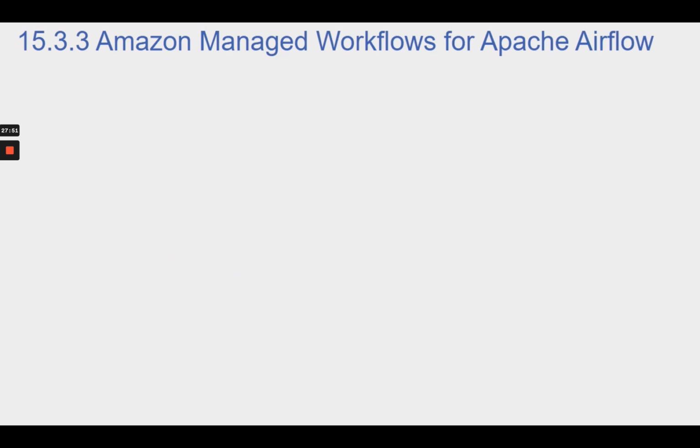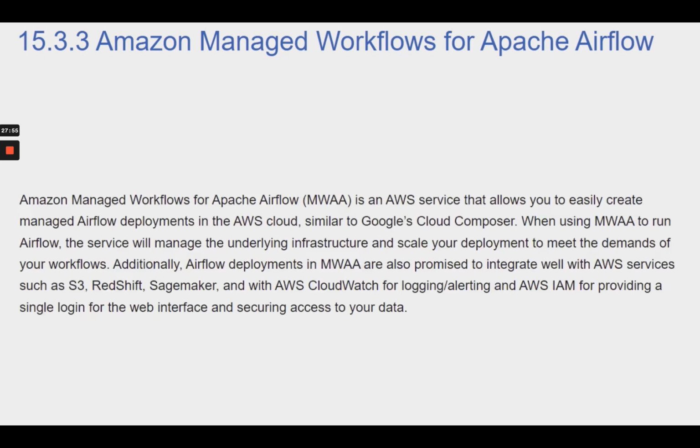Section 15.3.3 Amazon Managed Workflows for Apache Airflow. Amazon Managed Workflows for Apache Airflow, MWAA, is an AWS service that allows you to easily create managed Airflow deployments in the AWS cloud, similar to Google's Cloud Composer. When using MWAA to run Airflow, the service will manage the underlying infrastructure and scale your deployment to meet the demands of your workflows.